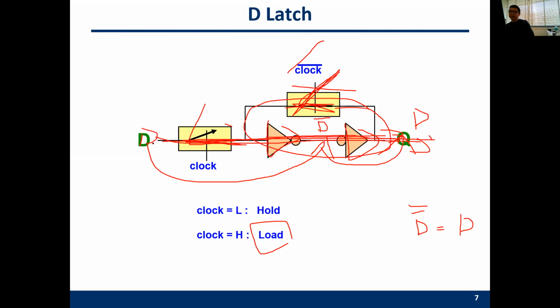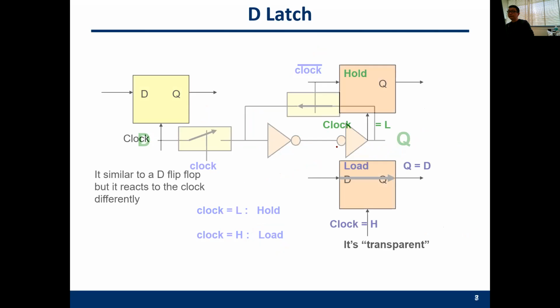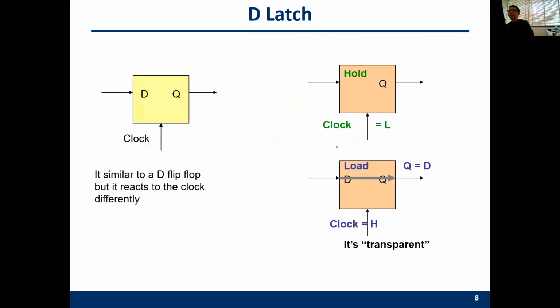The D can be passed through two inverters and send the output D here. But I also have a D bar here. So the control can be done by a clock signal.